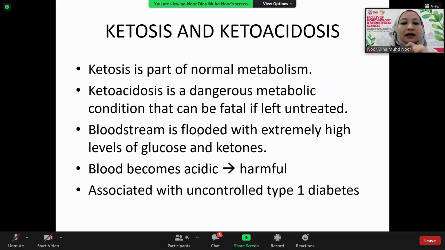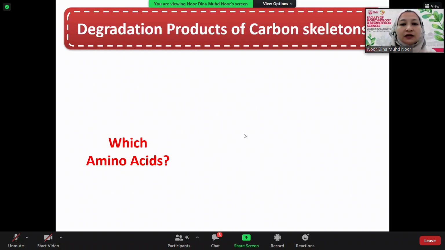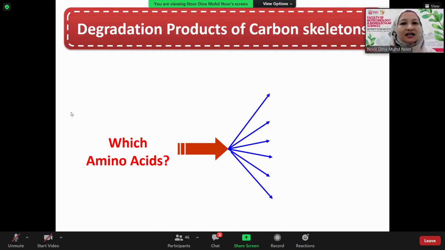Okay, dangerous, and it can be fatal if left untreated. So as I said, the blood becomes very acidic and it's very harmful if this ketoacidosis keeps continuously happening in the body. And yeah, as I said, it's associated with uncontrolled diabetes type 1.